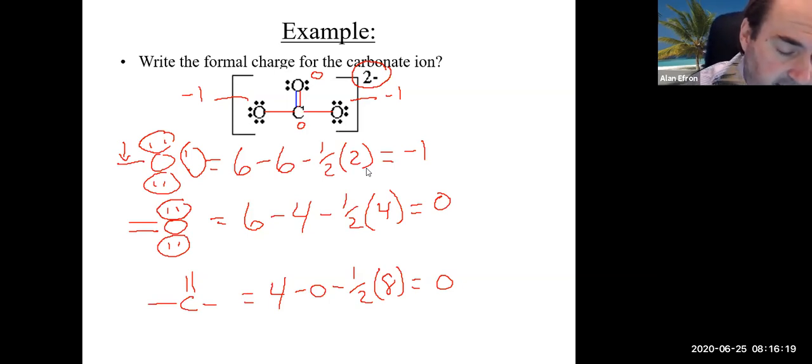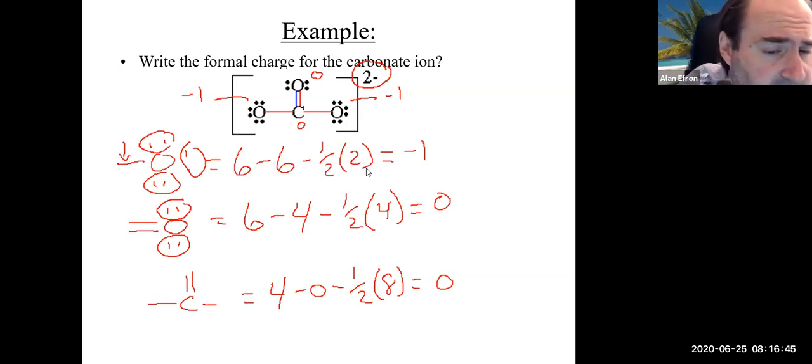When you do calculate the formal charge, they should all add up. When it's all said and done, all their formal charges should add up to the overall charge in the ion, if it has a charge. So like here, each of the oxygens had a -1, so if you add them together, you get a -2 overall.